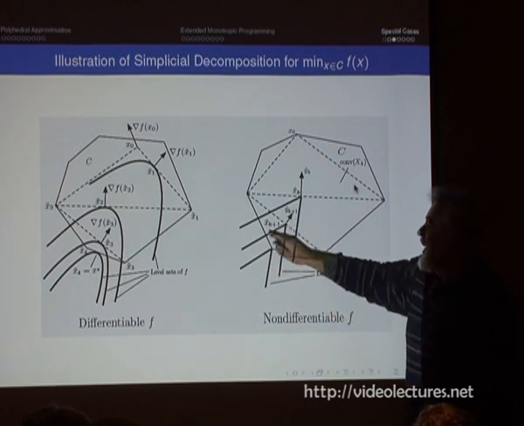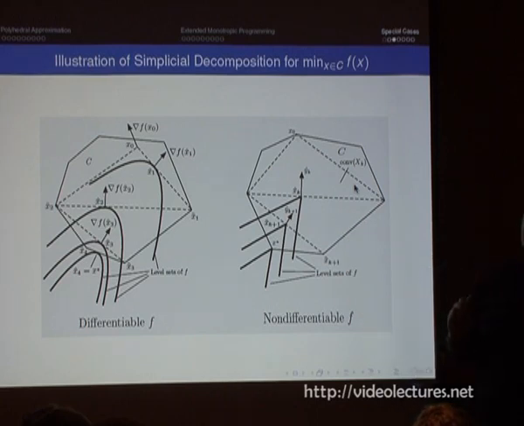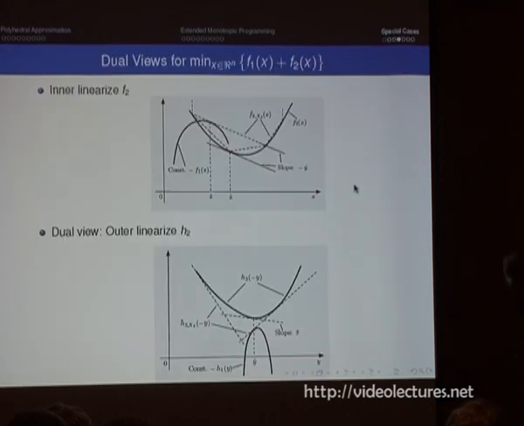The reason being that both f and C are polyhedral. And this is a generic property. If everything is polyhedral, then you get convergence in a finite number of steps. The reason being that as you expand the polyhedral approximation, eventually you're going to be adding more and more points and get the original.